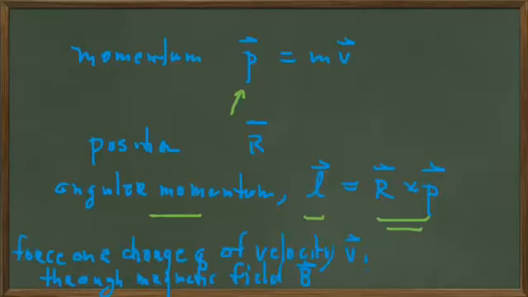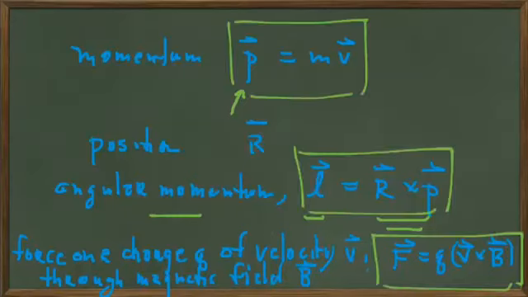And the force on a charge q, with velocity v, which is a vector, moving through a magnetic field of strength B, would be the force vector equals that charge q, which isn't a vector, times the cross product of the velocity with the magnetic field strength vector B. We have these 3 important vectors in quantum mechanics.